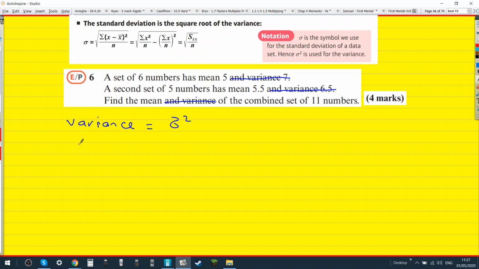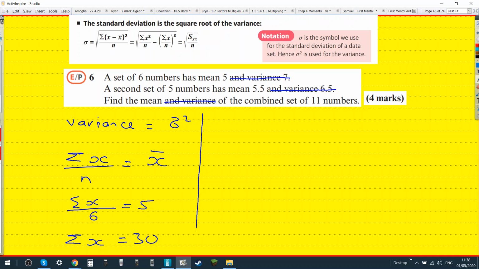Basically, the mean is you add up all the x's, divide by n, and that gives you the mean. So sub in the values for the first one. So 6 numbers. So would that be something over 6 is equal to 5? And so what is sigma x? 30.